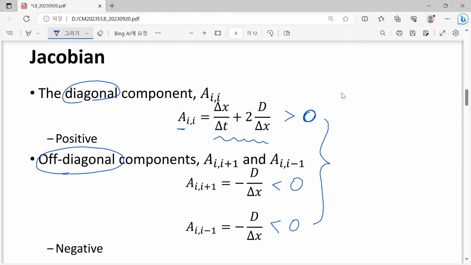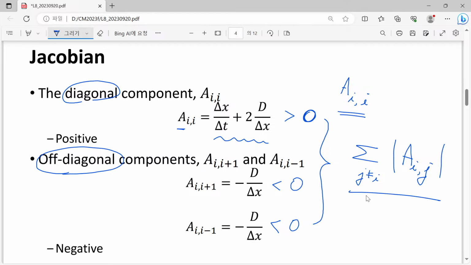So finally, I want to once again make a comparison between their magnitudes. Please try to compare this number and the sum of your off-diagonal components. Are you with me?